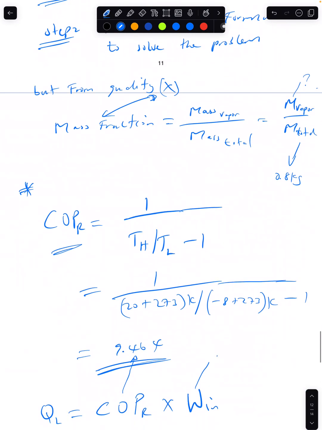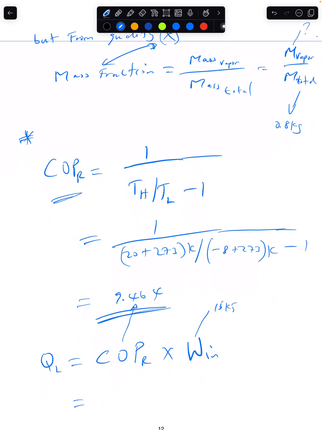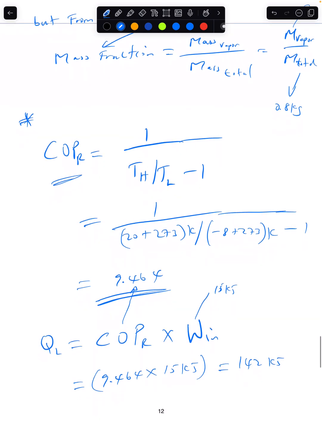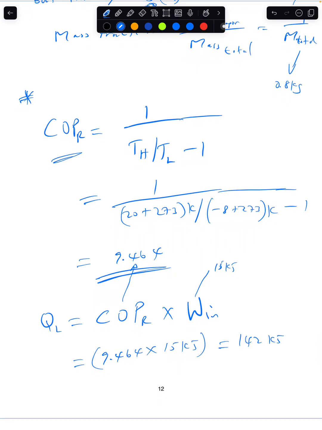And the work into the system is 15 kilojoules. So we have 9.464 times 15 kilojoules, which gives 142 kilojoules. Therefore we can determine the heat for the refrigerant for a given property.